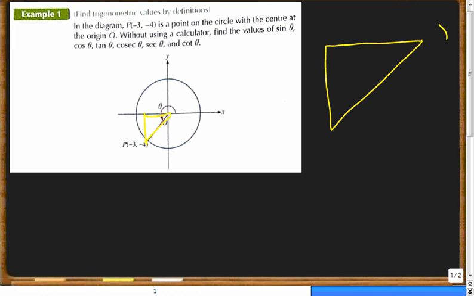So our theta in this case is this, but we are going to use this right here. Now we know that our y-coordinate was -4, our x-coordinate is -3, so we need to figure out what our r is.